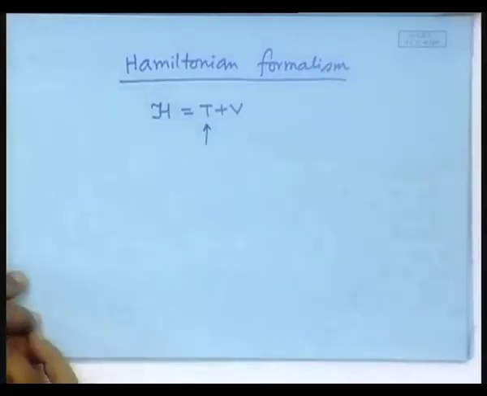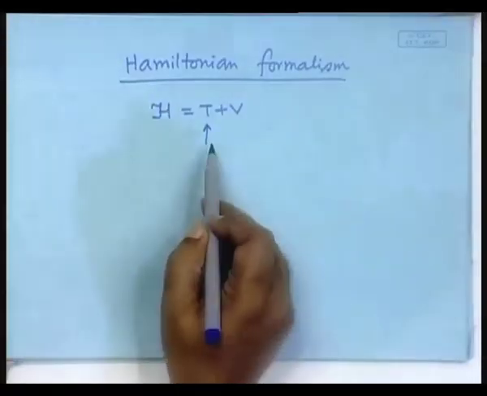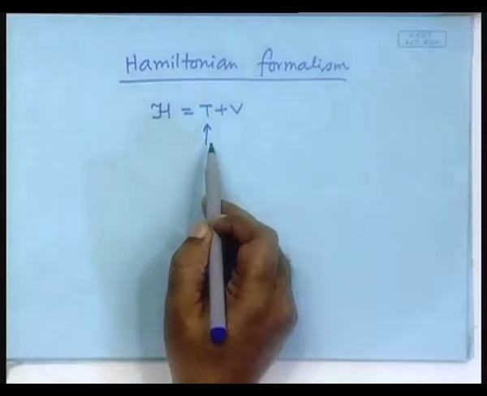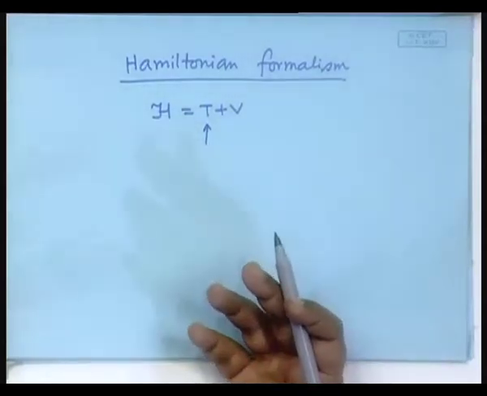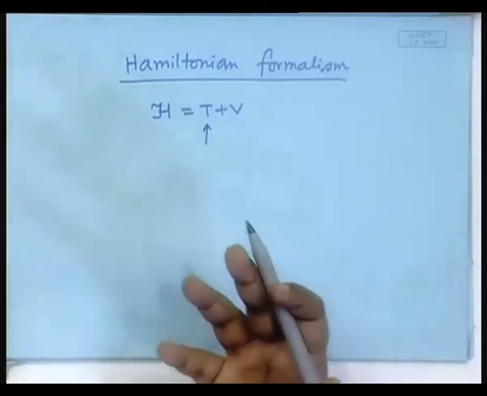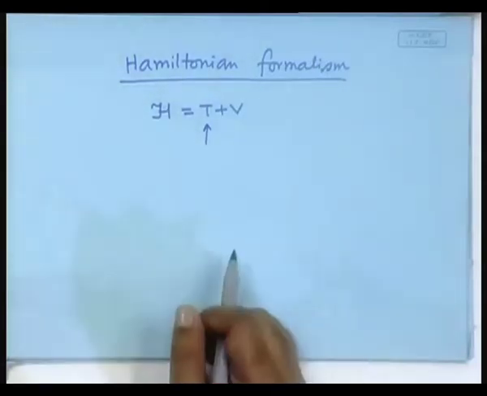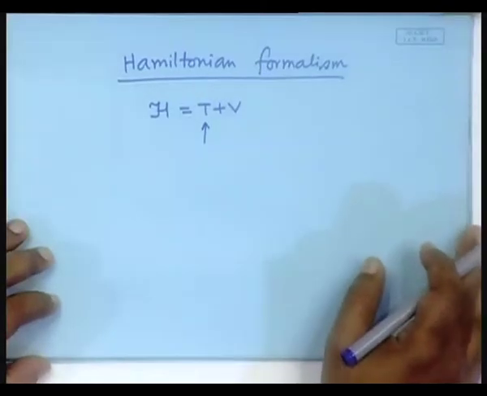Now, there is a specific property of the T term. T is the kinetic energy. It has the specific property that in mathematical terms is called homogeneous of degree 2. Now, what does it mean to be a homogeneous function of degree 2?